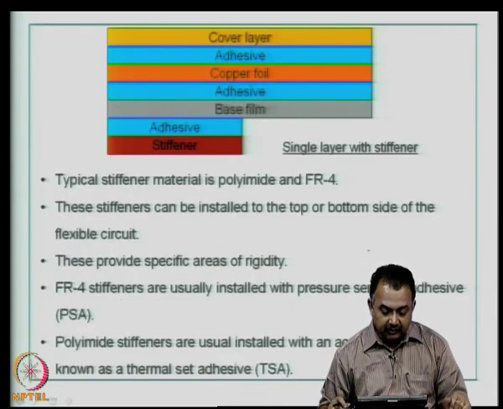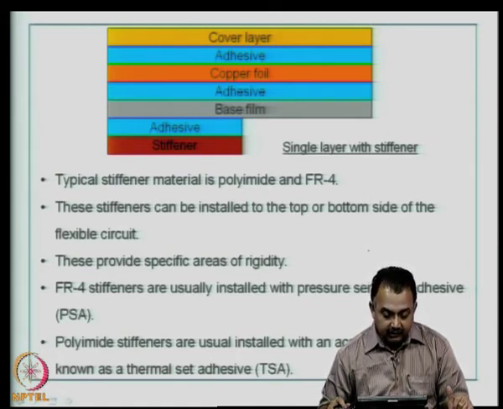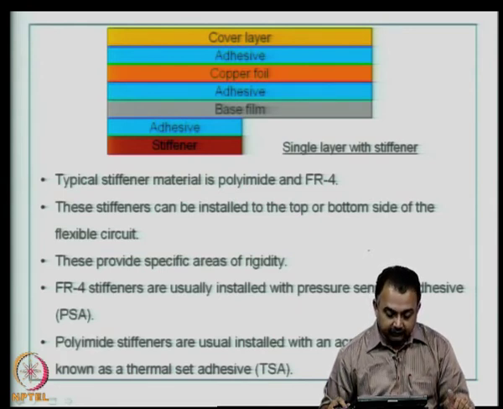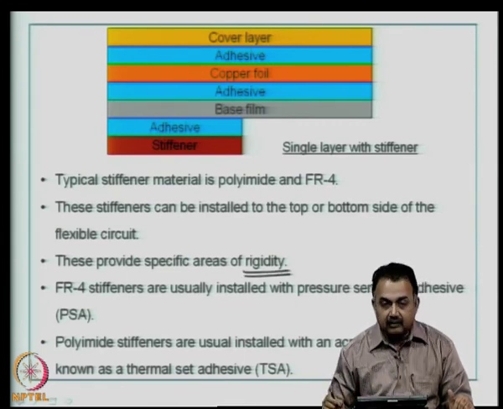Typical stiffener material is polyimide and FR4, that is epoxy material, flame retardant, glass epoxy material. These stiffeners can be installed to the top or bottom side of the flex circuit. These provide specific areas of rigidity.